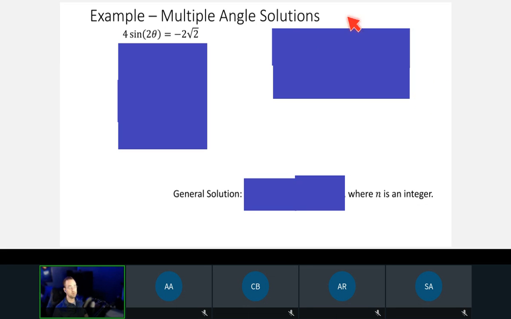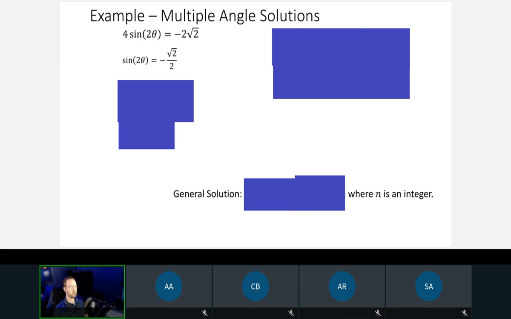Okay, so we divide both sides by 4. And when you do that, you get negative rad 2 over 2. I don't think that's a nasty fraction. All right, what's next? Pretend that 2 theta is not there.